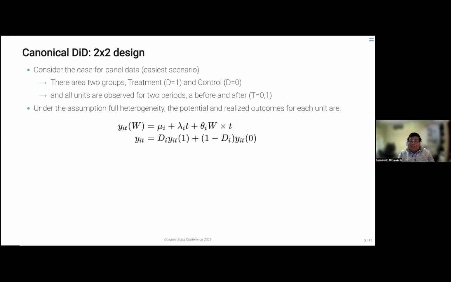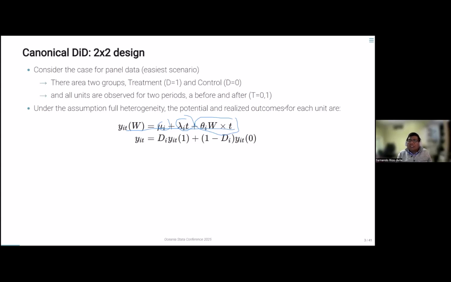If we assume full heterogeneity, the potential outcome is defined by this regression, which says that your outcome depends on some fixed effect that is yours, some growth that you can experience across time, and some effect that depends on how you react to the treatment.